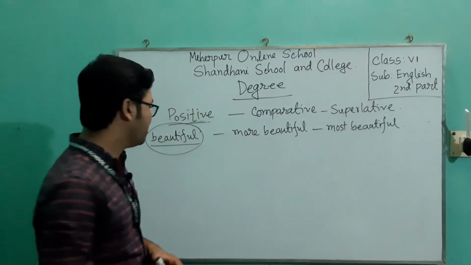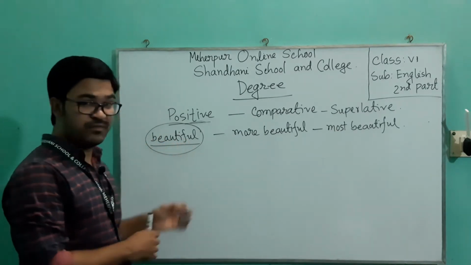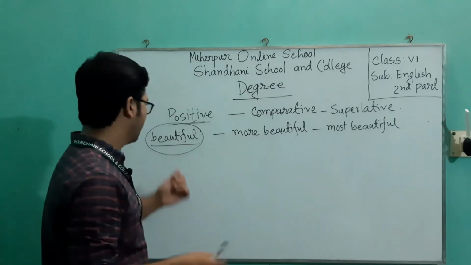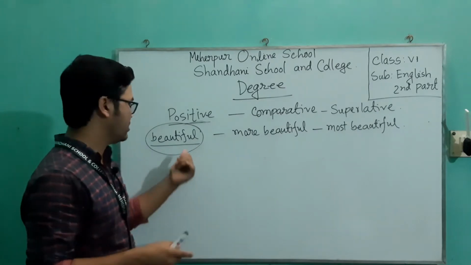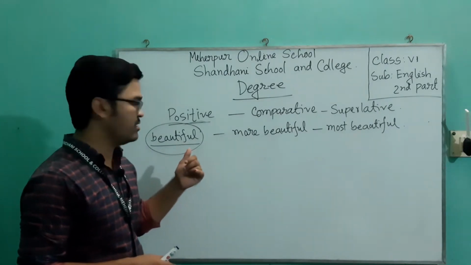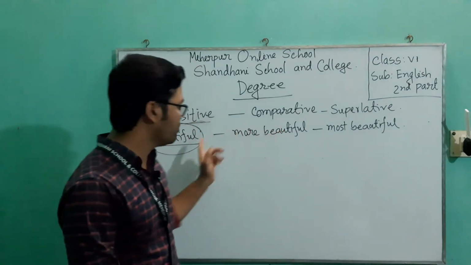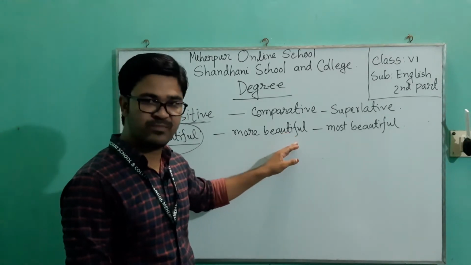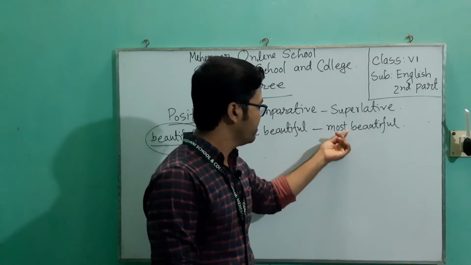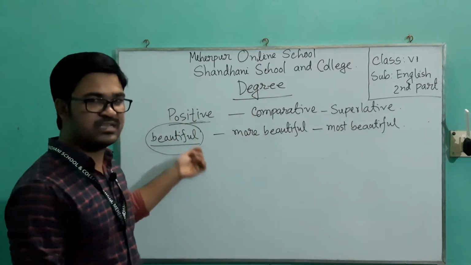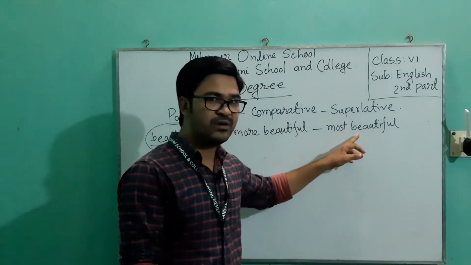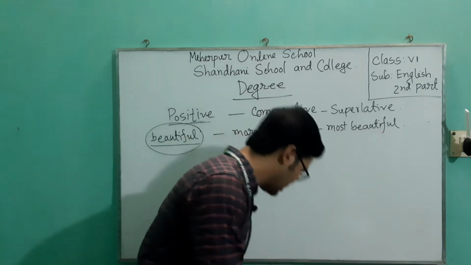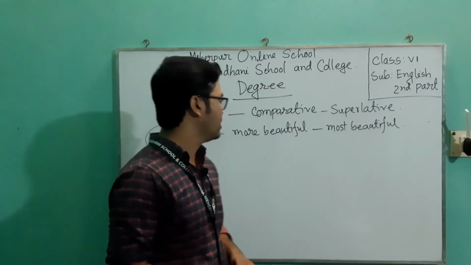At first you have to pronounce it. If we pronounce it with more than one syllable, beautiful, so this is a trisyllable. So we have to add more before the root word. So more beautiful is the comparative, and same, if we see that the root word is more than one syllable, we have to add most before the root word. Then most beautiful is the superlative. Okay, dear students, I think all of you have understood this.